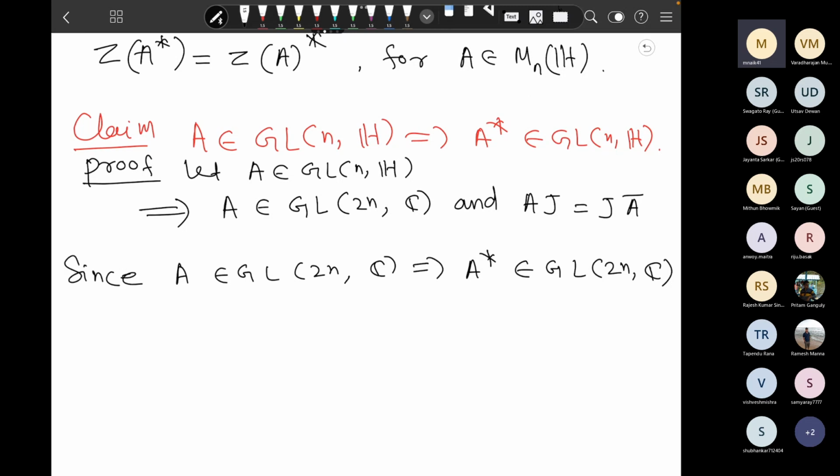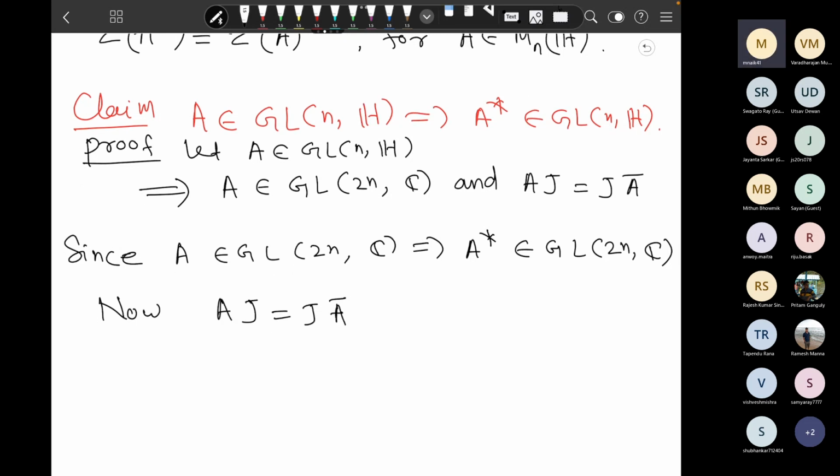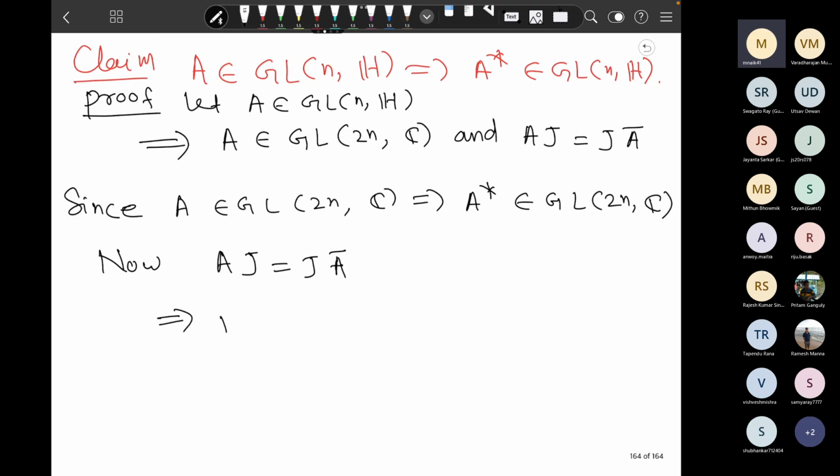Now we have AJ is equal to J bar A. I will take the transpose on both sides. So I get J transpose A transpose is equal to A bar transpose J transpose.